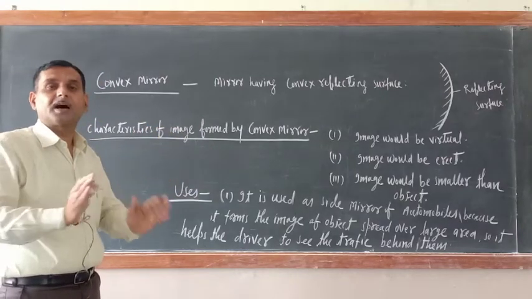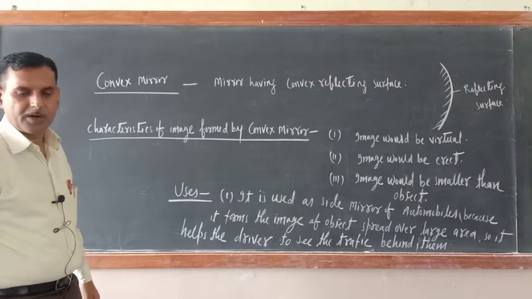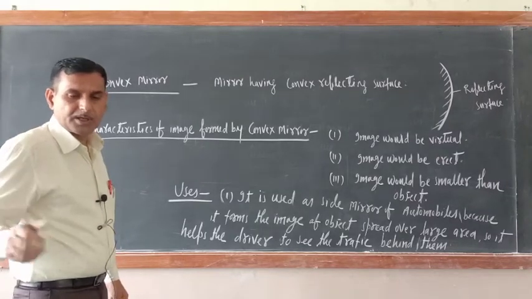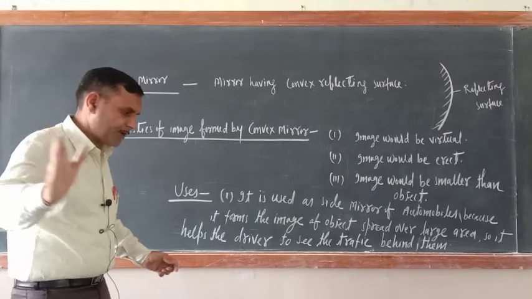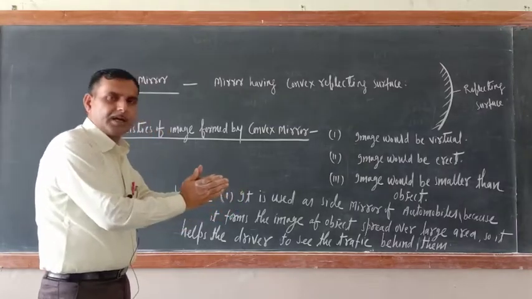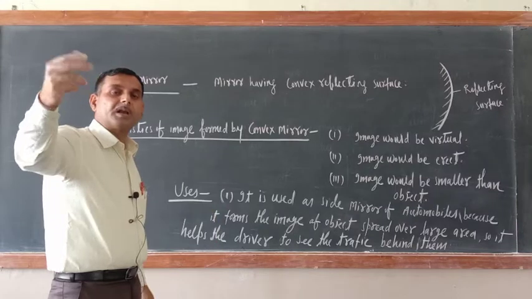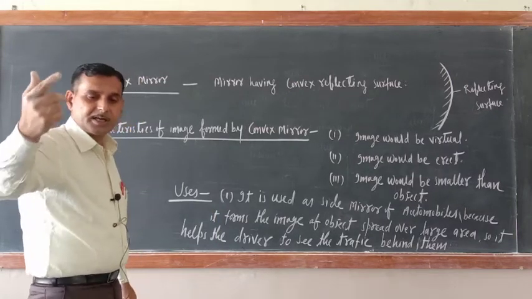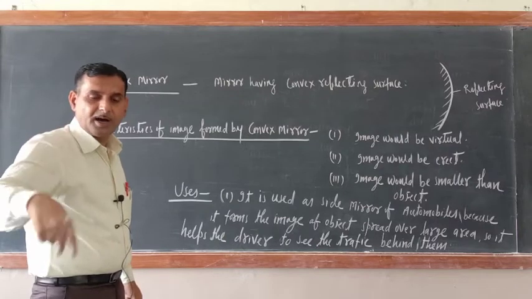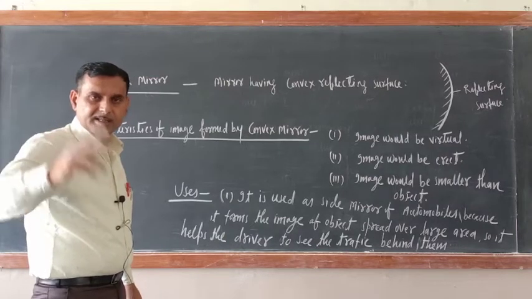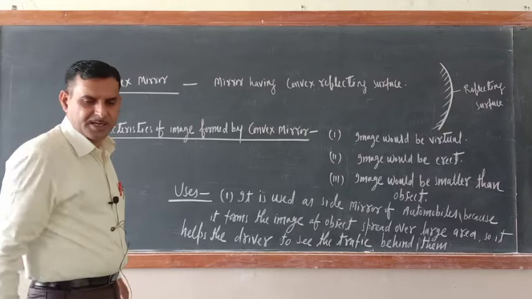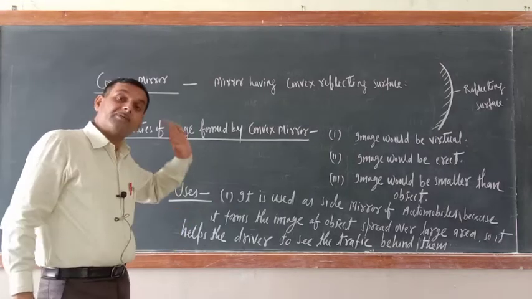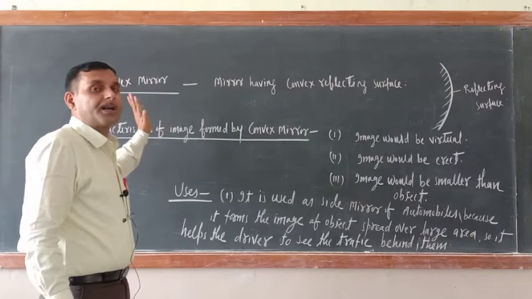But when you place the object near to it, the image becomes virtual, so it will not be created on the screen. Earlier it was inverted, now it is erect, meaning straight, and larger than the object. That was the case with the concave mirror.